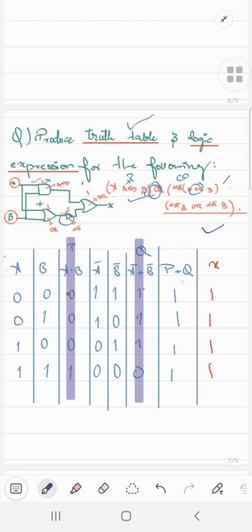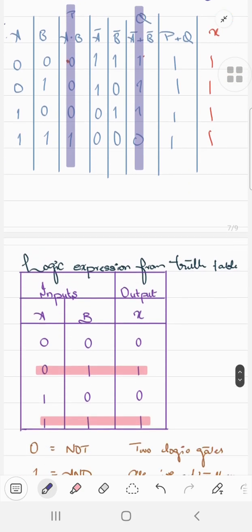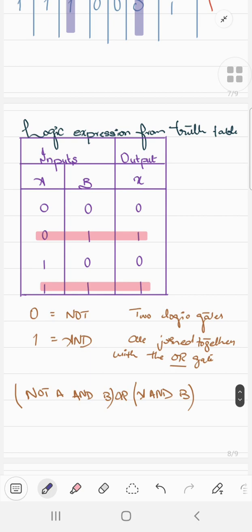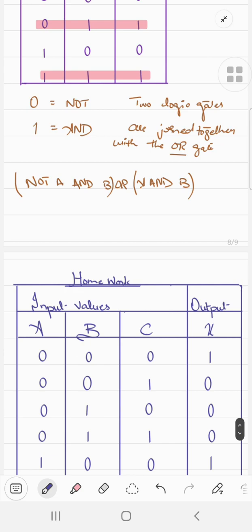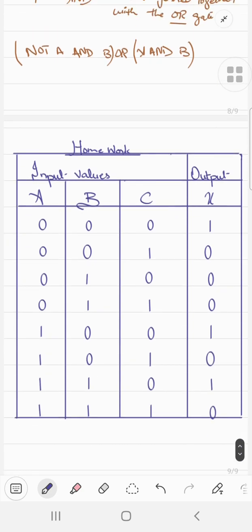These are the input values and this is the output. Then we practiced how to make the logic expression from the truth table, and at the end I have given you homework, that is to make the logic expression from the following truth table, and I'll be discussing the answer in my next class in the beginning.